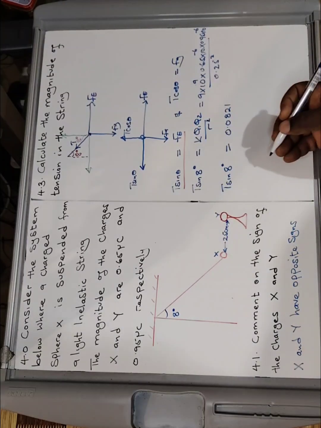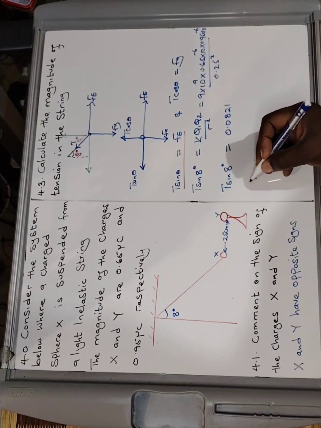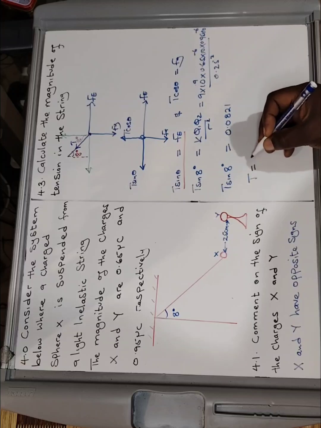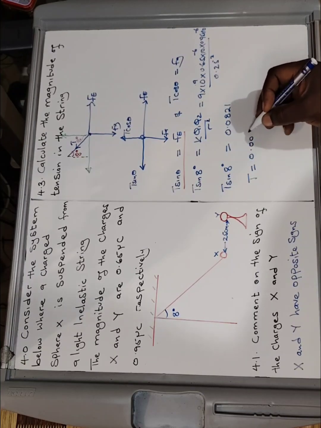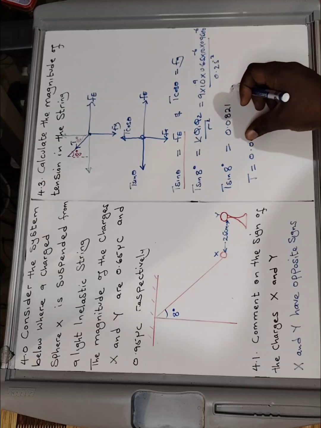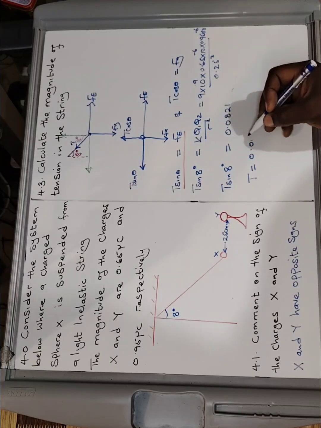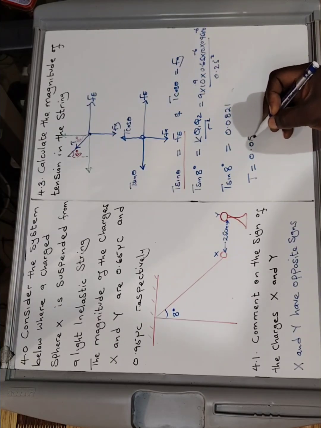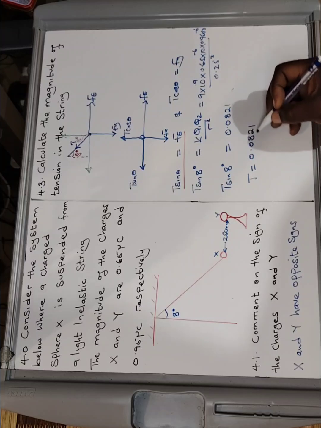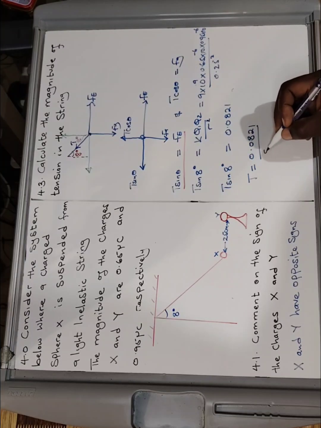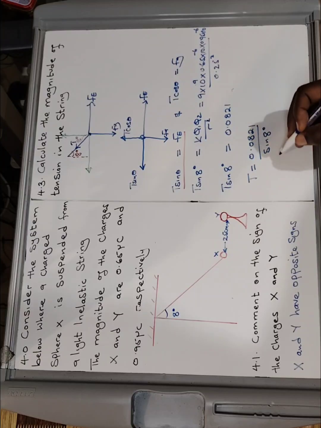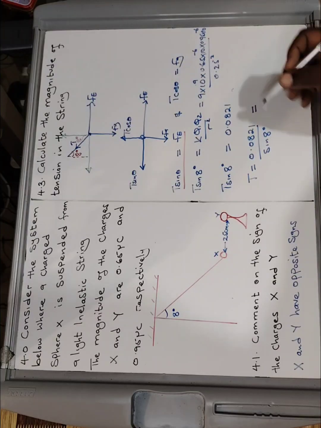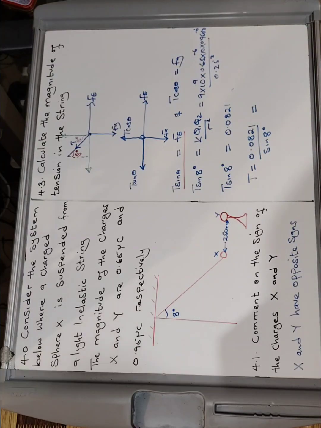So this is what we get. After reaching this, what do we say? We're going to have our T as 0.821 divided by sine 8 degrees, and what you get will be your tension.